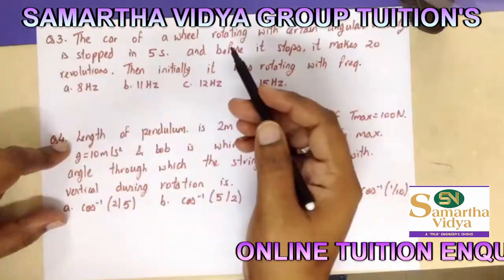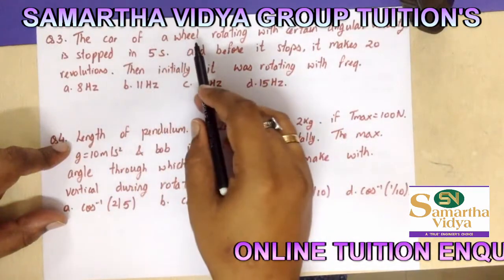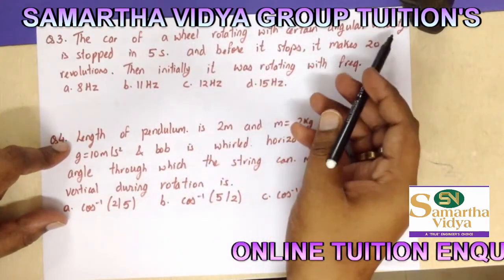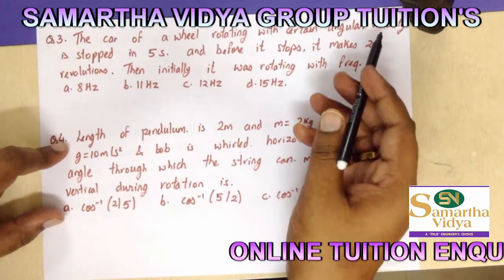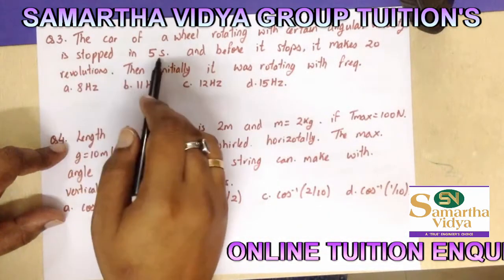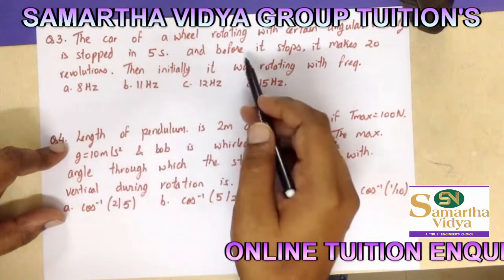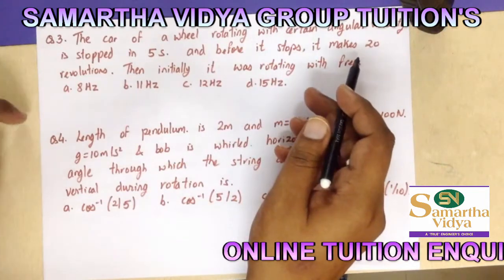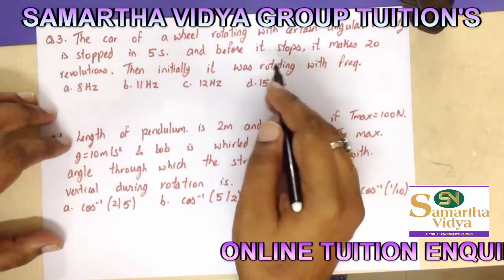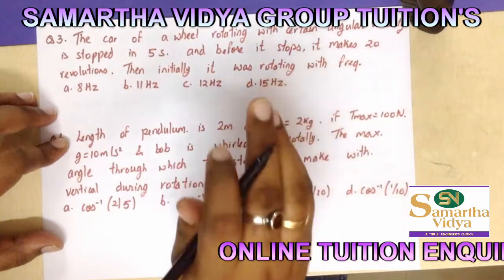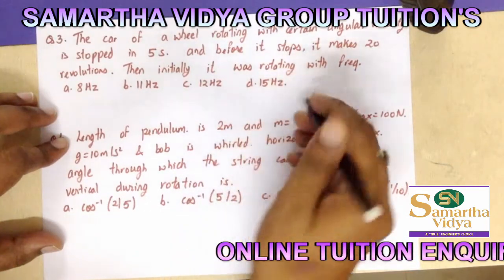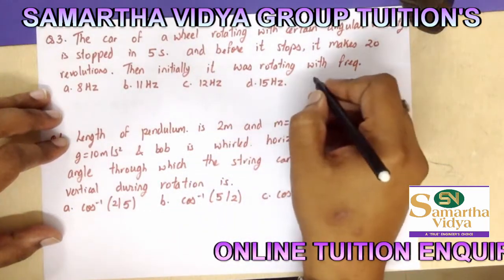Moving to the third question, we have a car whose wheel is rotating with a certain angular frequency or angular velocity and is stopped in 5 seconds, and before it stops it makes 20 revolutions. I need to find the initial frequency with which it was rotating. Let us write the data which is given.